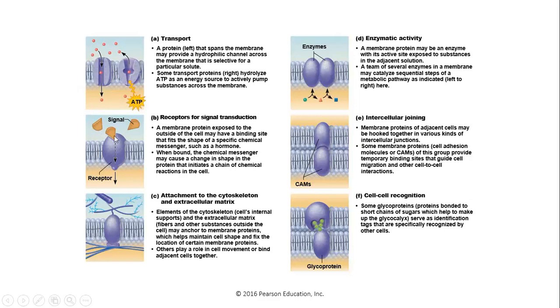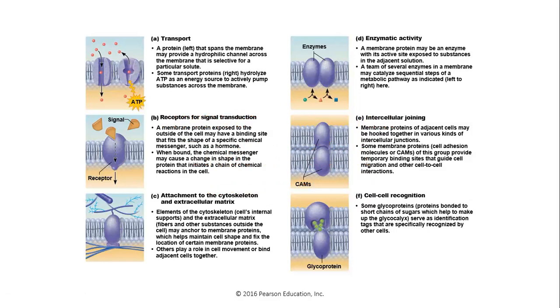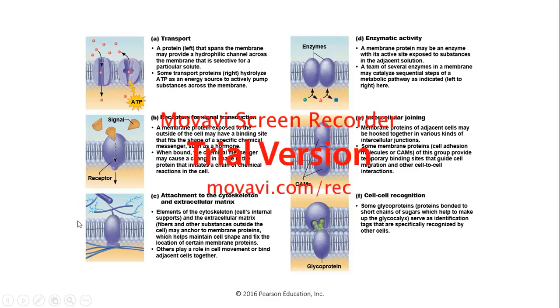You also have receptors that can take a signal on the outside of the cell and transfer it to the inside of the cell, and then that signal can be passed on to something else until it does its end result of what it needs to do. So receptors for signal transduction are also cell membrane proteins. And then you have attachments to a cytoskeleton, that helps give the cell membrane extra support.